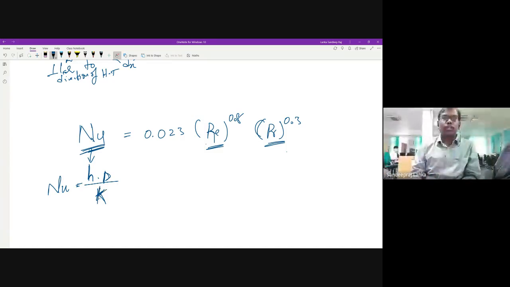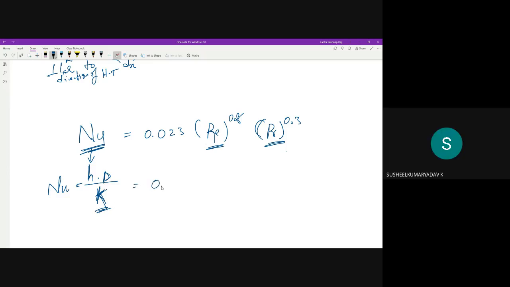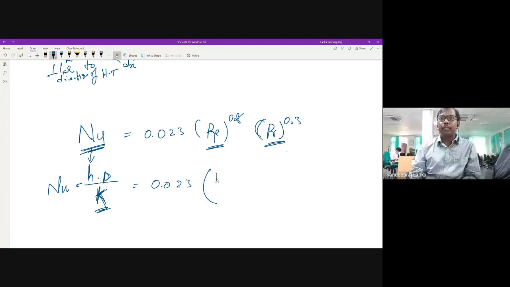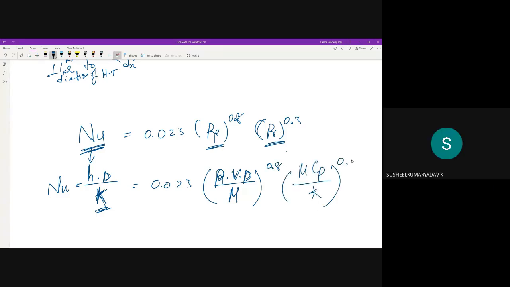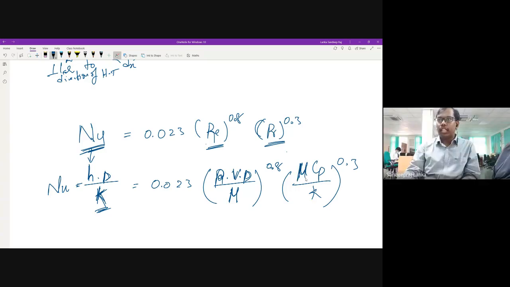Why is K known to you? You know the material, so you know the thermal conductivity. Reynolds number formula, can you tell me? Rho V D by mu. So velocity you can calculate, dynamic viscosity you can have, diameter you can have, density you can have. And Prandtl number is mu Cp by K, where mu is the dynamic viscosity and Cp is the specific heat capacity.